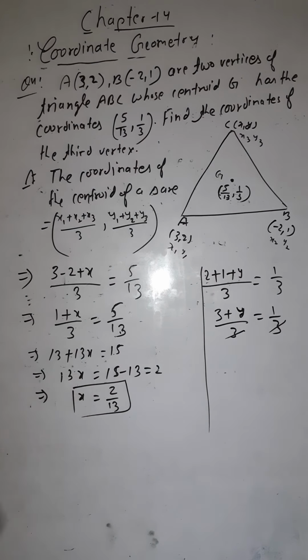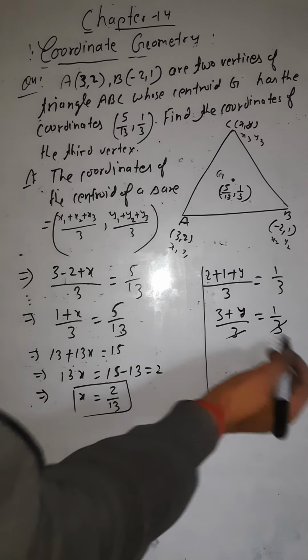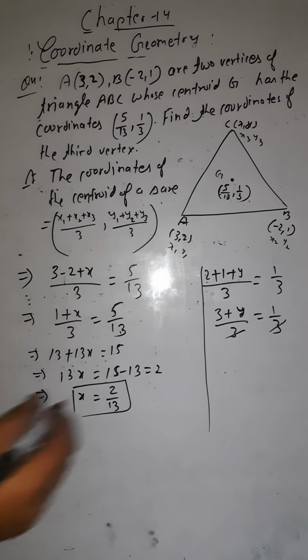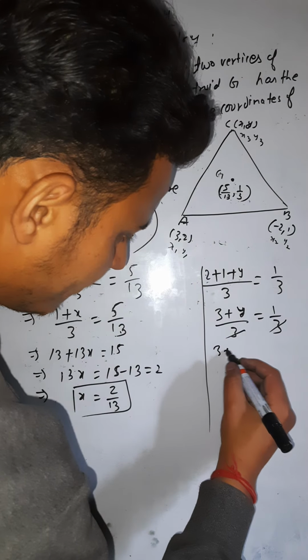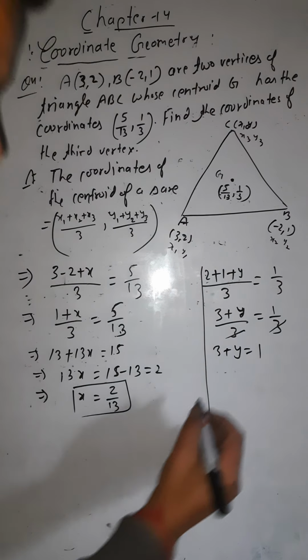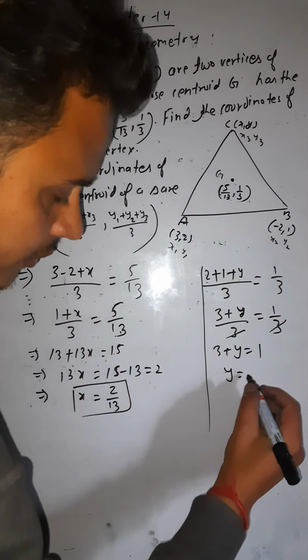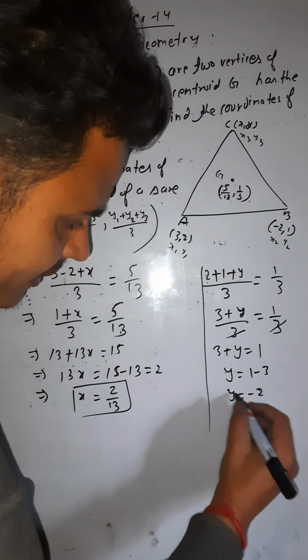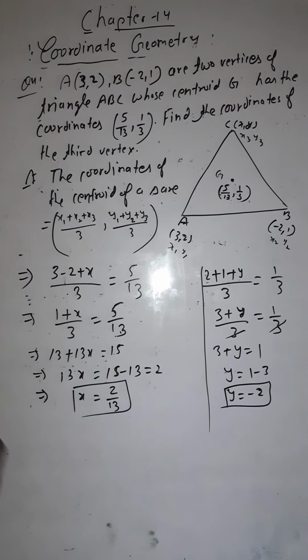This 3 and this 3 can cancel each other. Are you getting it? I have not cross multiplied straight away. I am not cross multiplying here; if they are cancelling, why should I? So here 3 plus y would be equal to 1. From here, this 3 is going to be subtracted there. So 1 minus 3, so y would be equal to minus 2. So this would be the value of y.